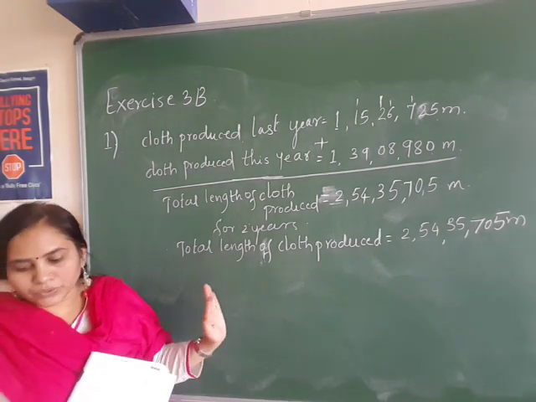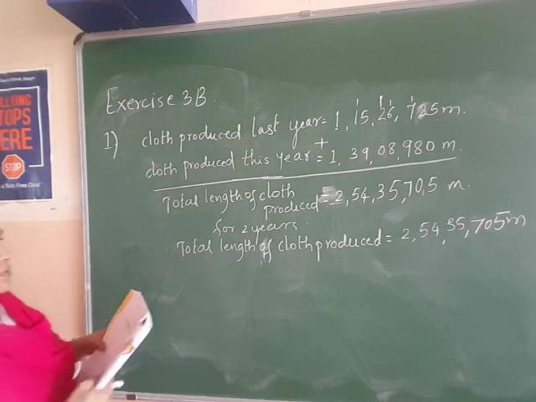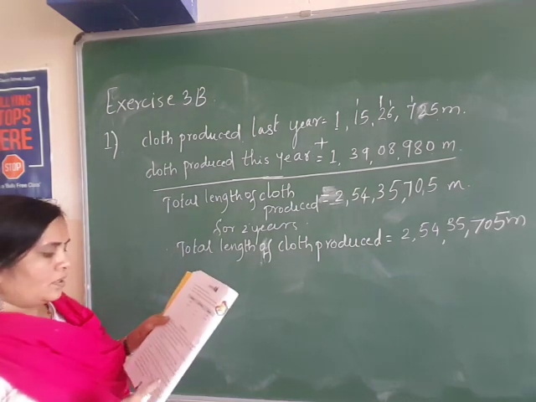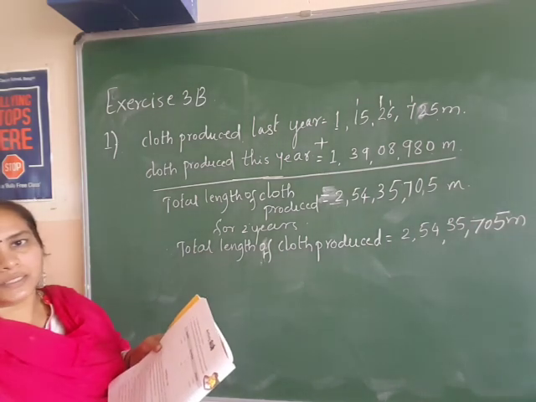So what do you have to do? You have to subtract: the length produced this year minus last year.